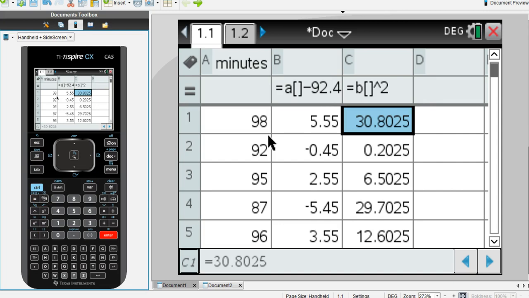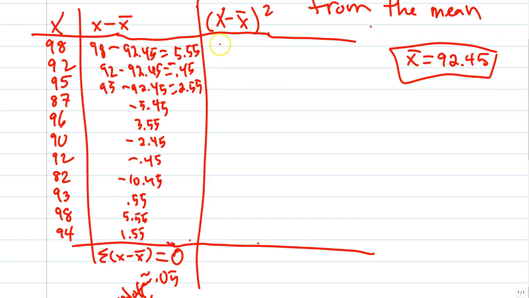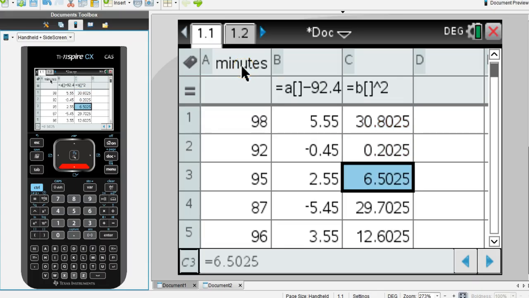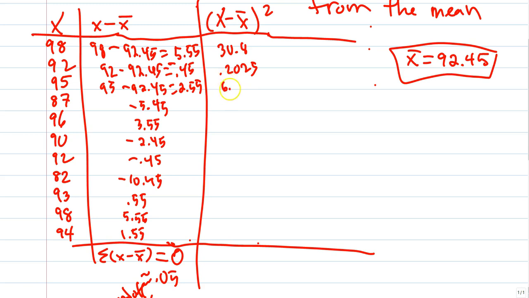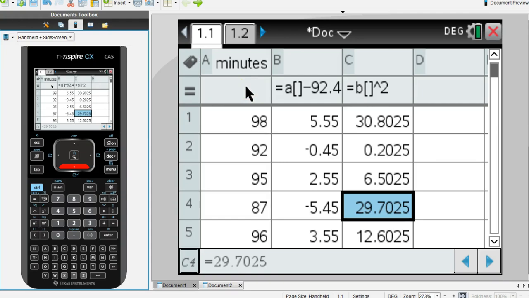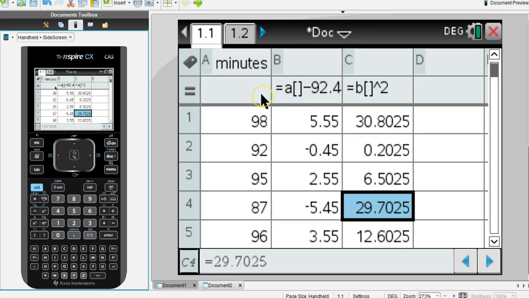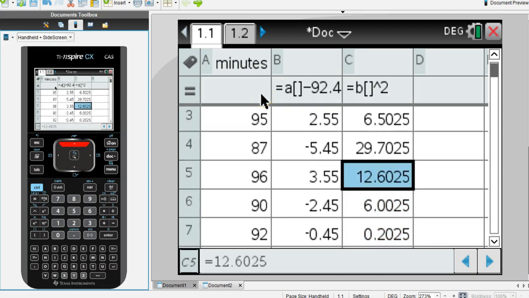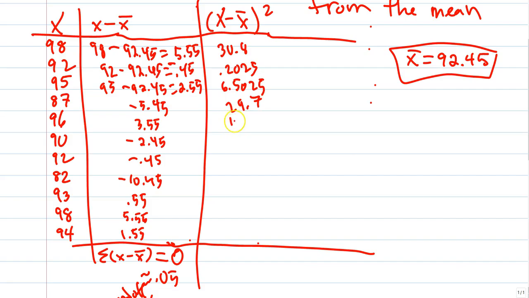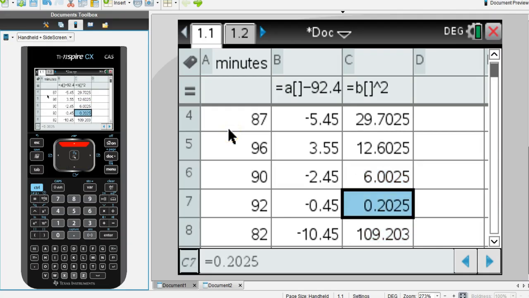Let's write those down. 30.8. 0.2025. Now I'm just writing these down. Notice I'm keeping it in my calculator, 6.5025. So that's going to help with my precision. 29.7. 12.6. 6.2025.